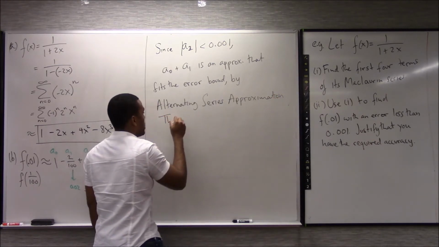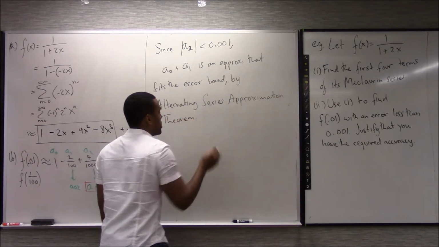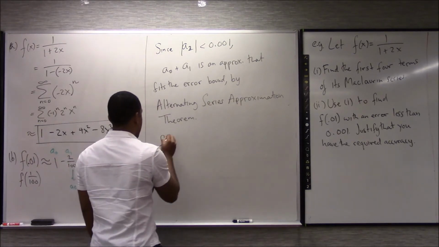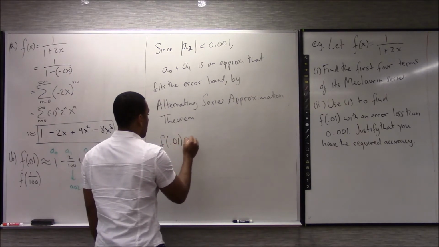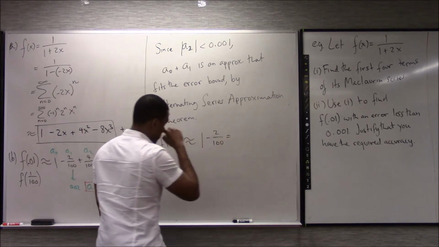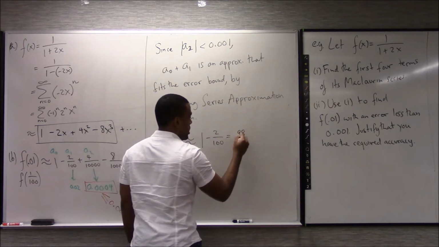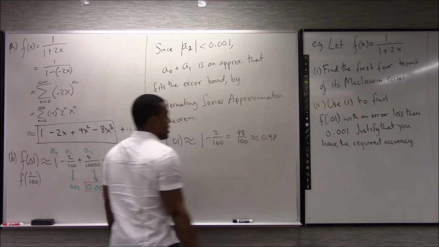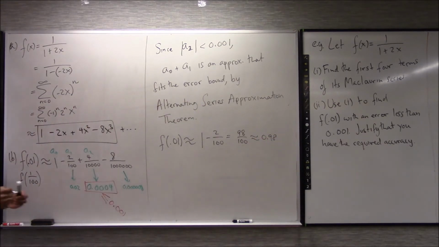And basically that theorem says the magnitude of any term tells you how good the sum of the previous terms is in relation to the actual answer. And so f of 0.01, I can think of it as approximately equal to this guy, which is going to be 98 over 100, or roughly 0.98, and that fits the desired accuracy.